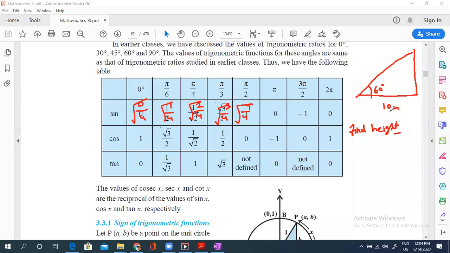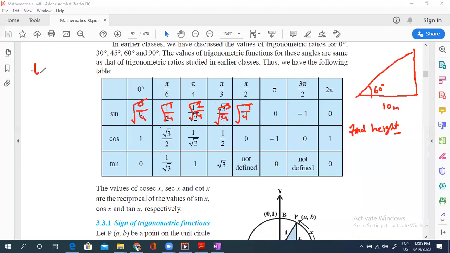Yes, Yashila, tell me. See, cos is reverse. If you see the value of cos, okay, right? Cos 0 degree is sine 90 degree. Cos 30 degree is sine 60 degree, right? Okay, just reverse the values. And tan is sine by cos.